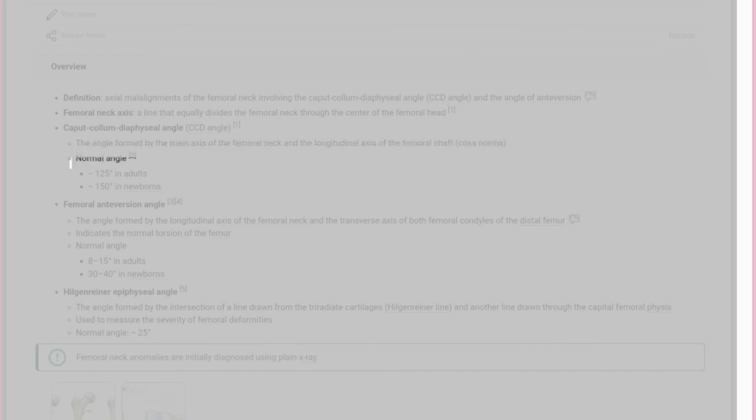Normal angle: 125 degrees in adults, 150 degrees in newborns. The femoral anteversion angle is the angle formed by the longitudinal axis of the femoral neck and the transverse axis of both femoral condyles of the distal femur. It indicates the normal torsion of the femur. Normal angle: 8 to 15 degrees in adults, 30 to 40 degrees in newborns.